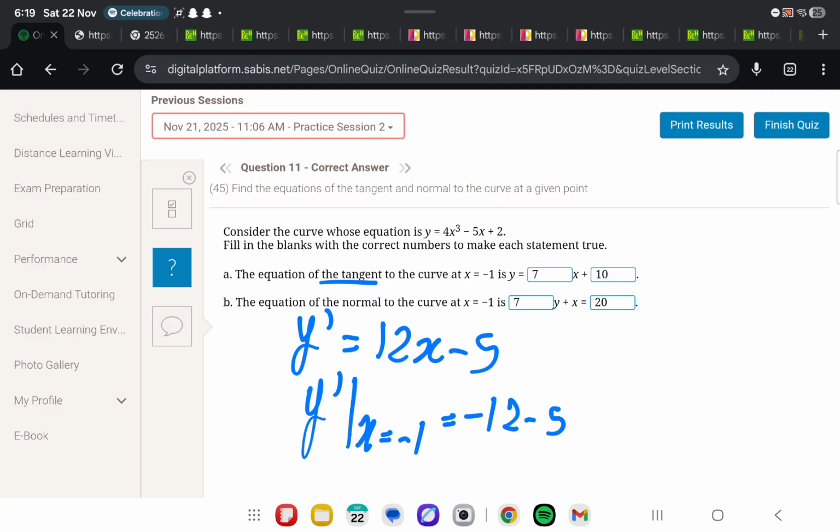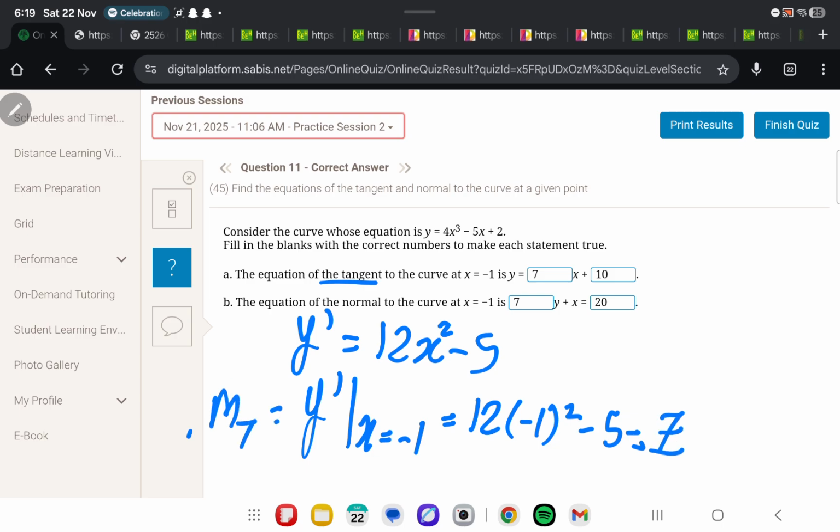That'll give you 7. How did I mess this up? Oh, this is 12x squared. That's why. 12 into -1 squared minus 5 gives me 12 minus 5, which is 7. So the slope of the tangent is 7.